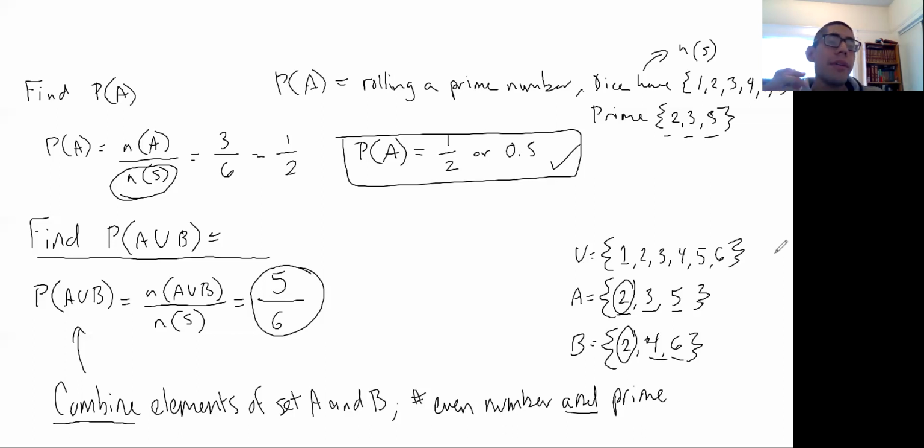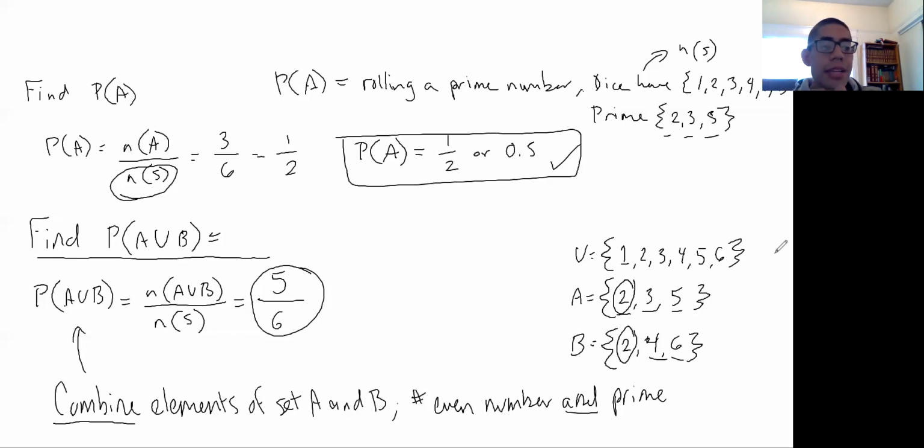Okay, so to find P, the probability of event A union with event B. In other words, we're going to combine all the elements of set A and set B. In other words, we're going to combine all the even numbers and all the prime numbers together, right?